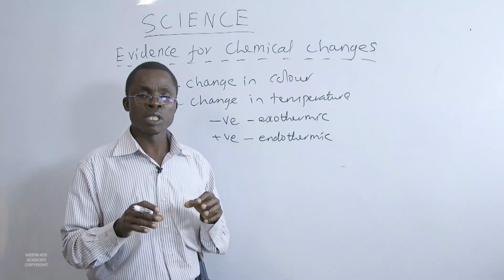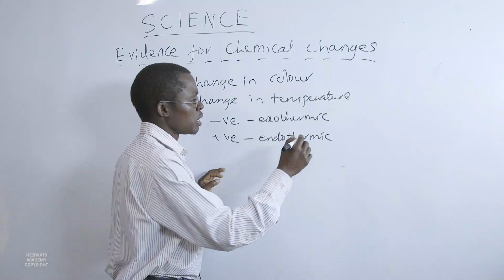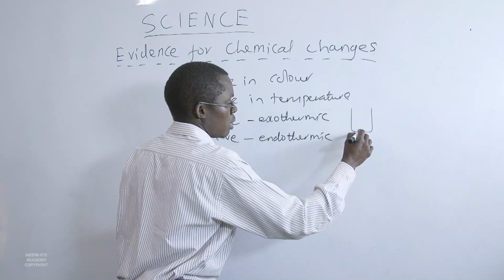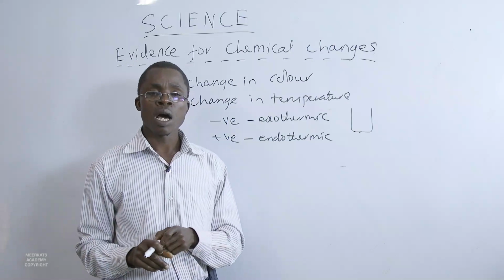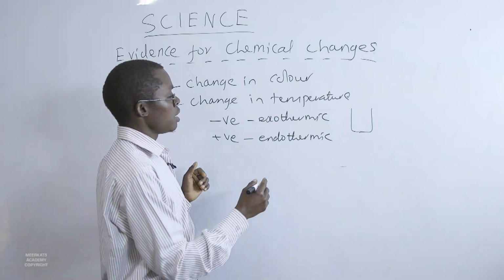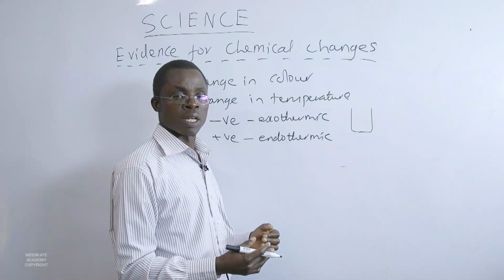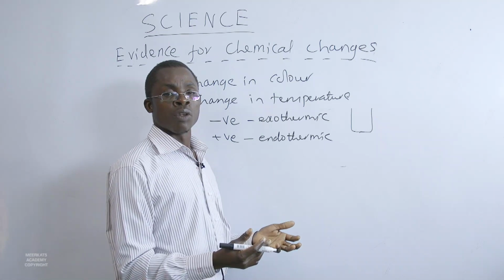So the system is losing heat energy to the environment. So if this system is in a container like a beaker, you are in a science lab, there's a container we call a beaker. So you had two solutions or two reagents coming together, or maybe you are dissolving something.